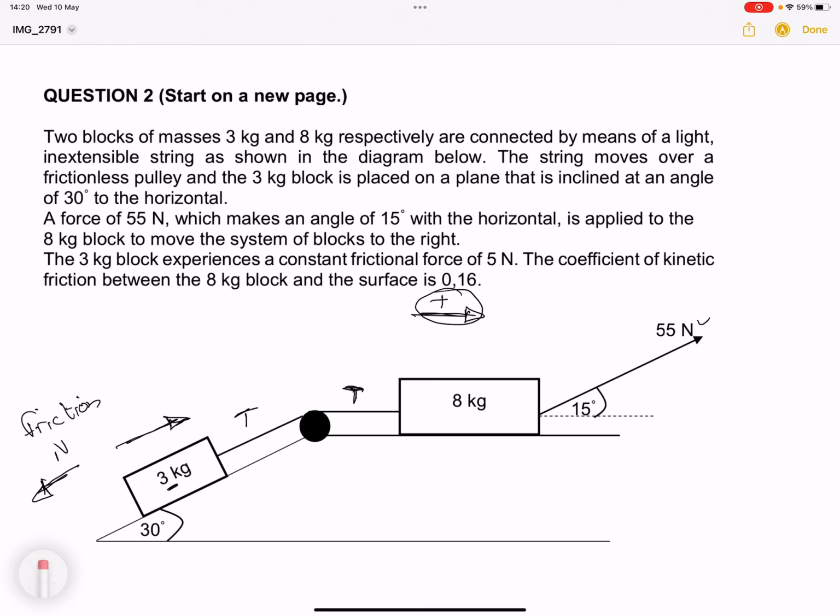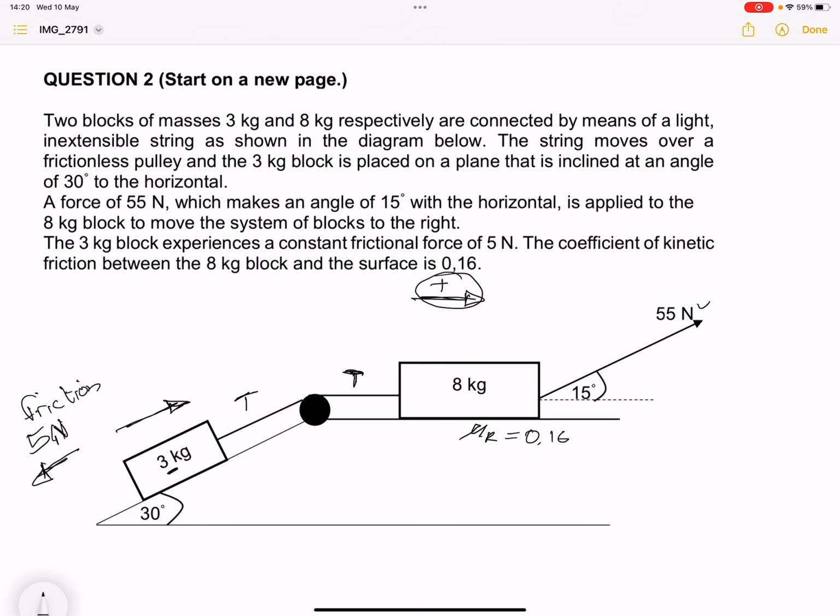And they say the coefficient of friction between the 8 kg block and the surface is 0.16. So here we are given the coefficient of friction as 0.16. Right, so in both of the blocks there is frictional force that is experienced.